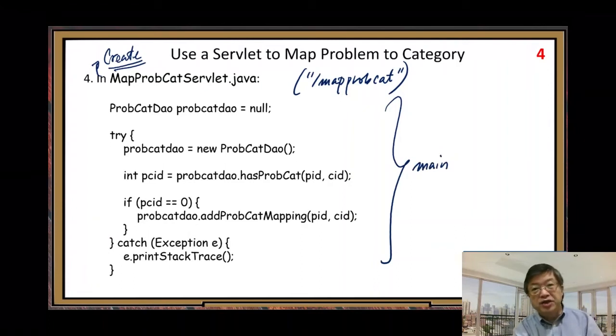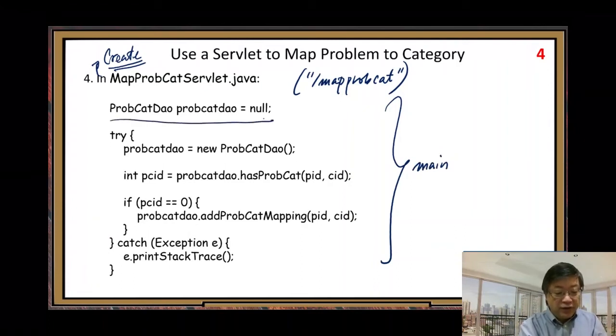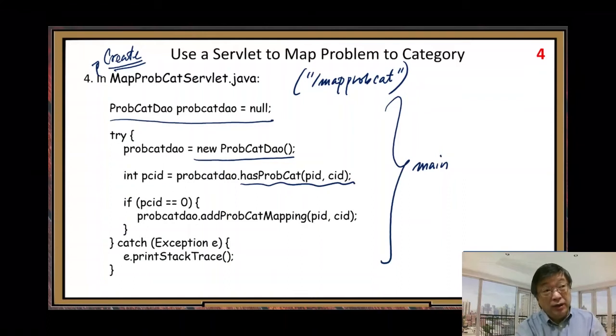Main part, you can see when we do the mapping, first we declare the object, then we construct it inside a try block. After that, we check if there is already a mapping between these two IDs. There is a possibility the mapping already exists, right?